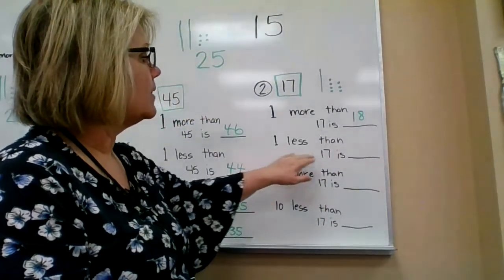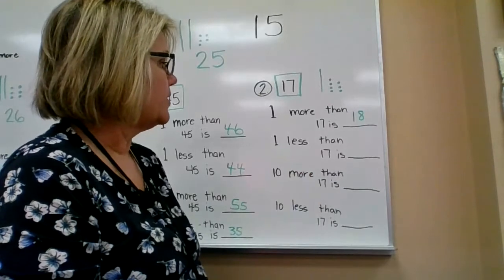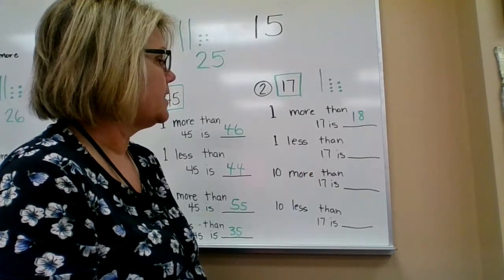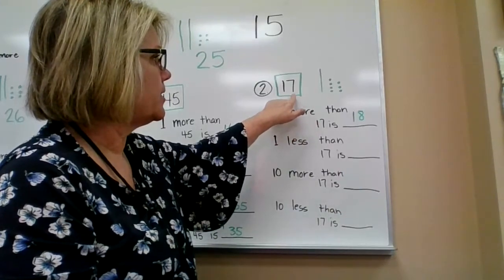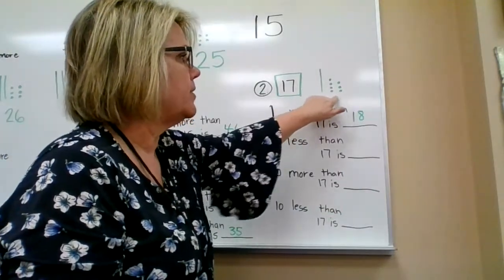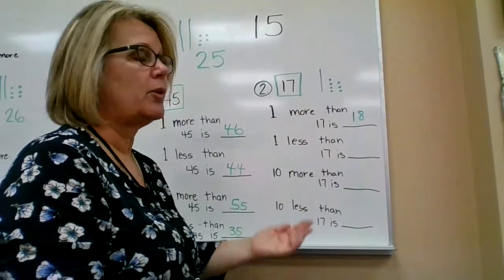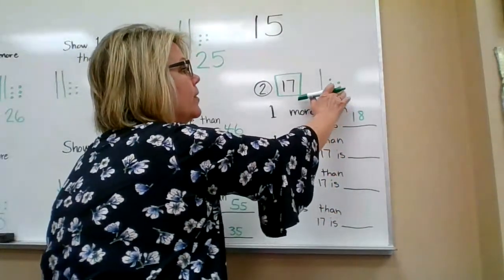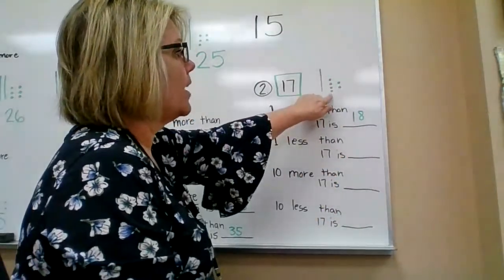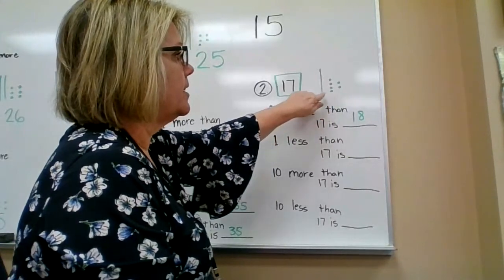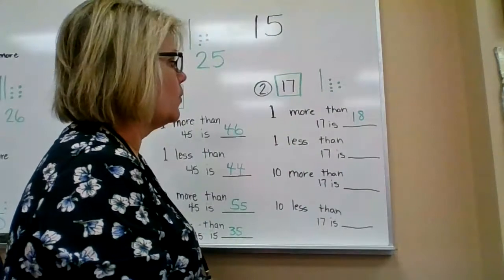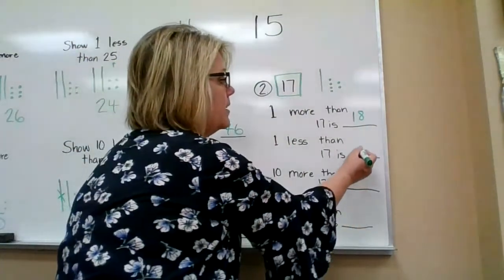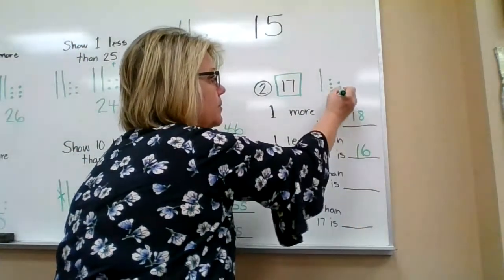What is 1 less than 17? 1 less than 17 is, again, you've got to look at the number that's in the ones place. There are 7 ones in 17. If we took 1 away, now that gives us 6. 10, 11, 12, 13, 14, 15, 16. 1 less than 17 is 16.